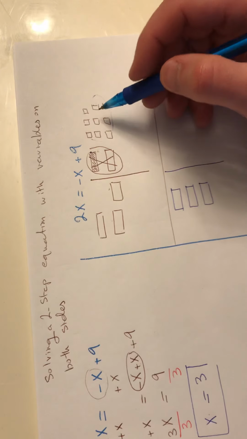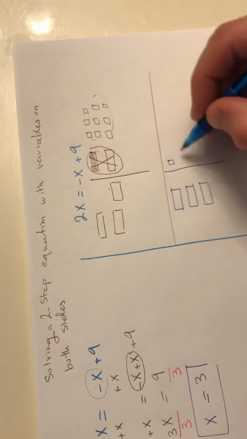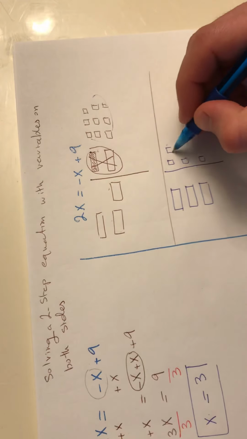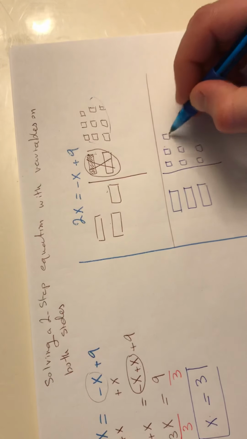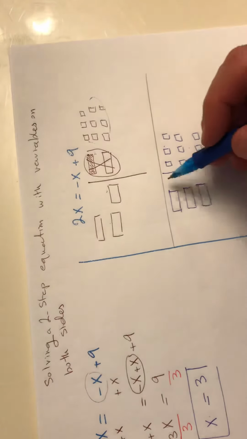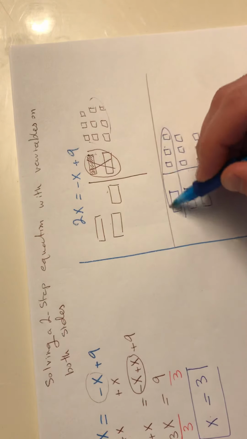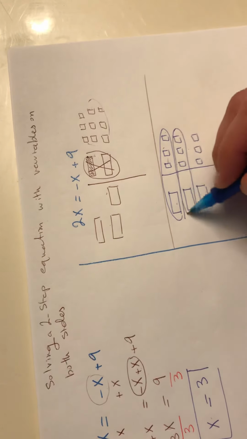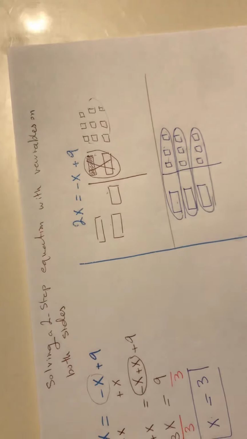In this case, we have 9 of them, 1, 2, 3, 4, 5, 6, 7, 8, 9. Don't forget to always circle your answer. So each x equals positive 3, so x equals 3, and that's your answer.